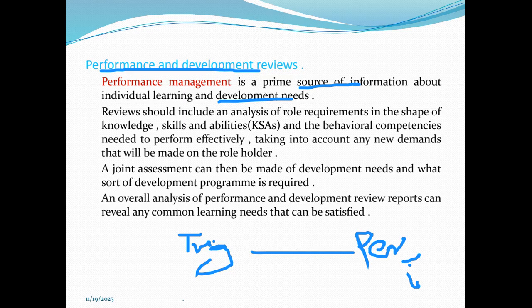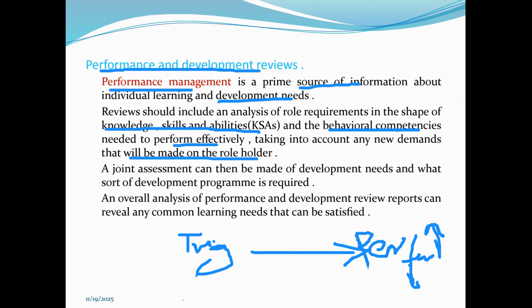So our objective is to increase the performance level of the employees, and we can observe this through their performance. If the performance is not there, we can see what knowledge, skills, and abilities are required for the job, and what behavior competencies are required to perform the job effectively, taking into account any new demands that will be made on the role holder.